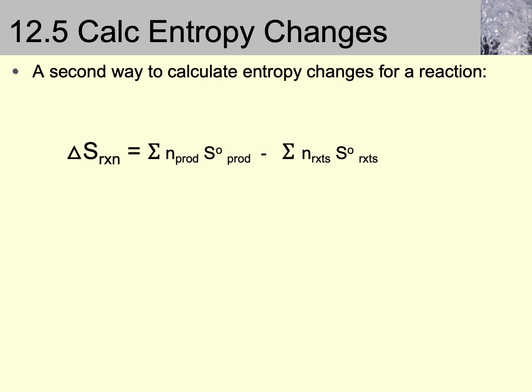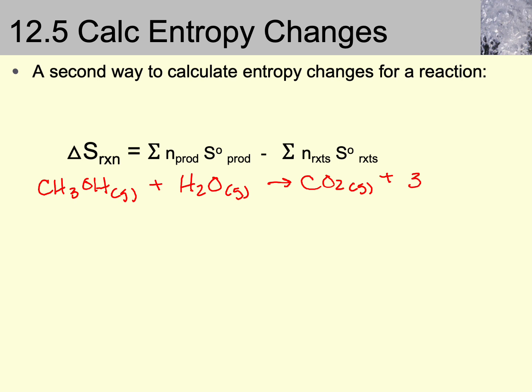So we have CH3OH gas, a hydrocarbon, and water is gas water, so it's vapor, and CO2 gas, and that gives us the CO2 and the H2 gas. And so you would be given the values of S. Now, your values of S is in units of joules per mole per Kelvin.